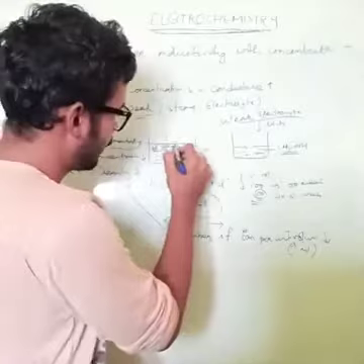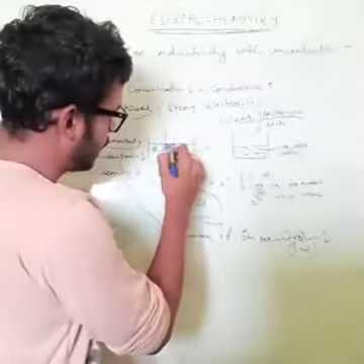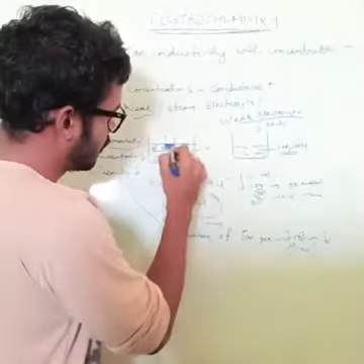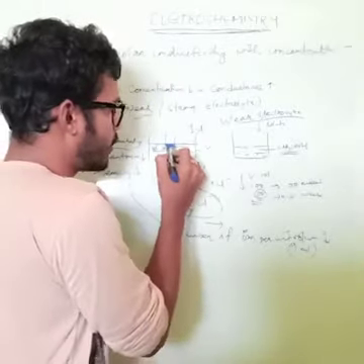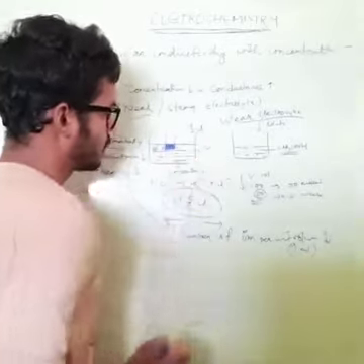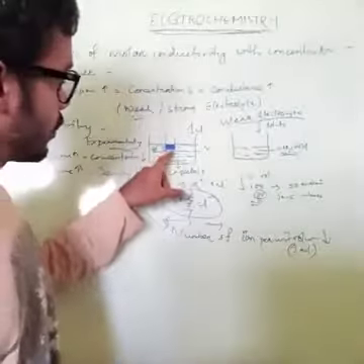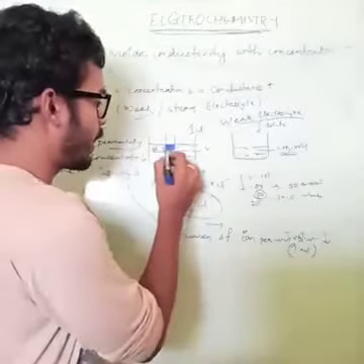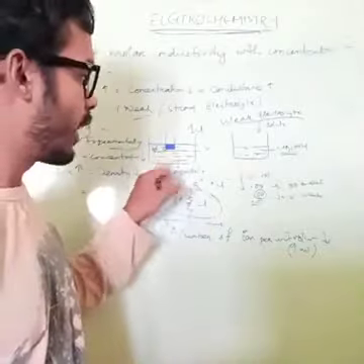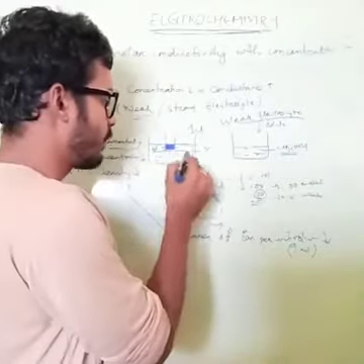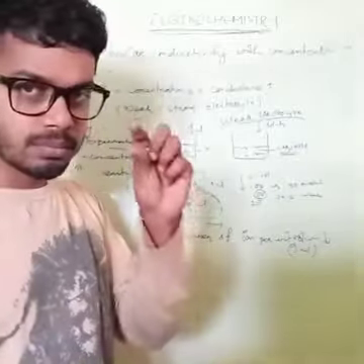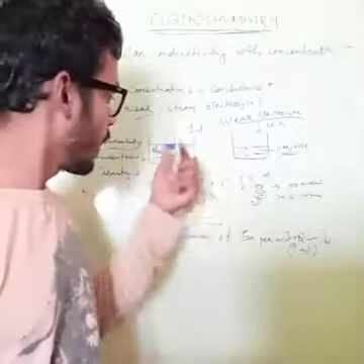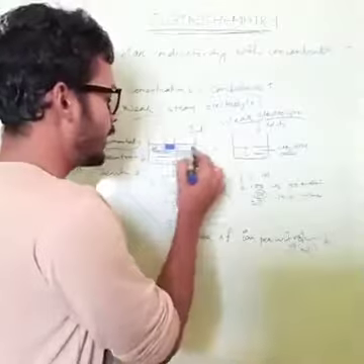Suppose here you have taken 1 ml and you are diluting it. So the ions present in this 1 ml, if you dilute it, they will move outward, and obviously in a fixed 1 ml the number of ions will be less.